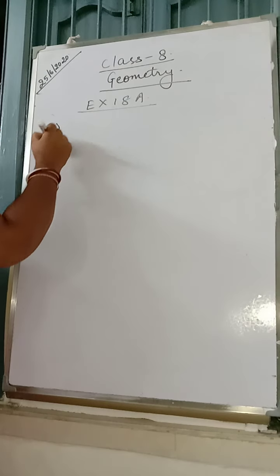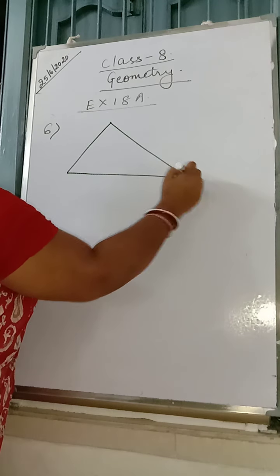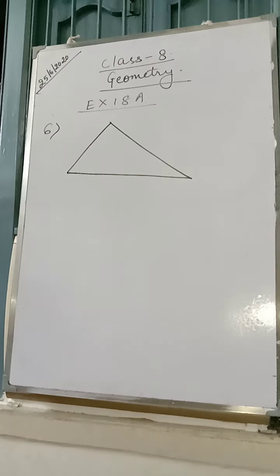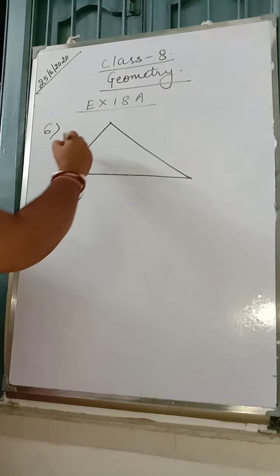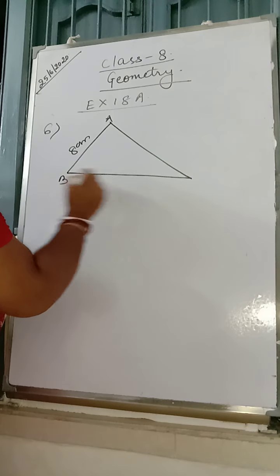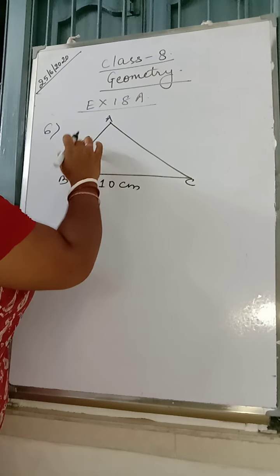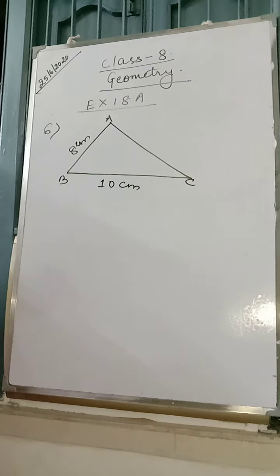Now look at question number 6, in which we have a triangle whose two sides are given. One is 8 centimeter and another is 10 centimeter. Just for example, maybe this side is 8 centimeter, A, B, C, and this side is 10 centimeter. We have two sides of a triangle. Now next it says the height corresponding to the side 8 centimeter is 7 centimeter.